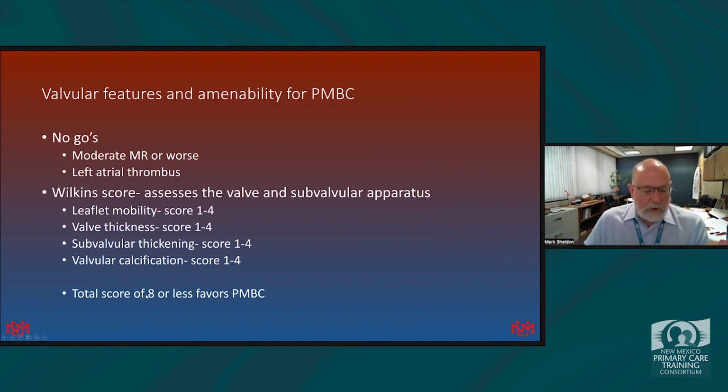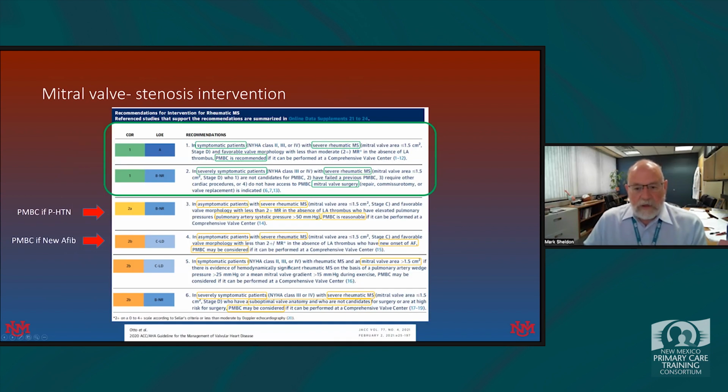Bottom line is a total score of 8 or less makes it amenable to a valvuloplasty, as long as they don't have either of these. If it's more than 8, they should have surgical commissurotomy or replacement. Again, this is just another from the guidelines here. I'm not going to go through these; you'll be able to go through them yourself.